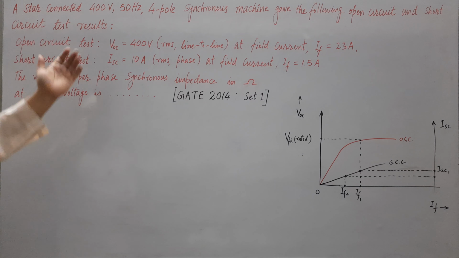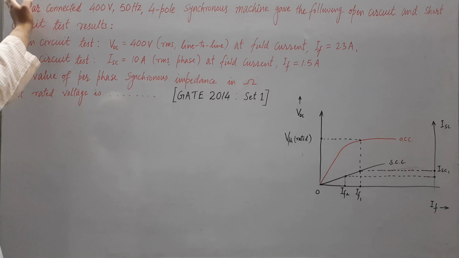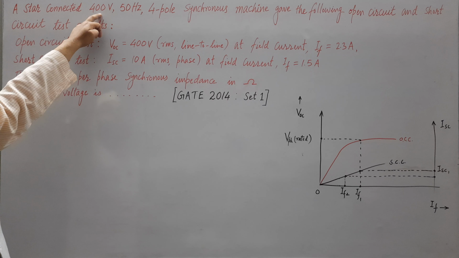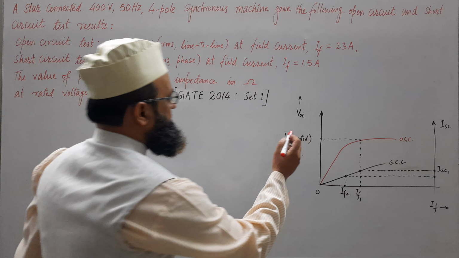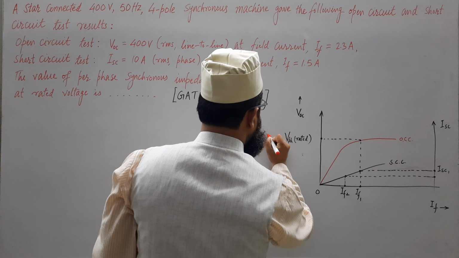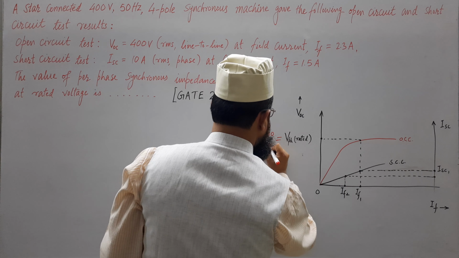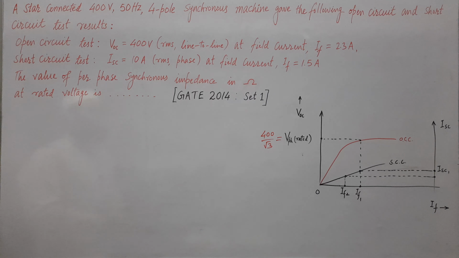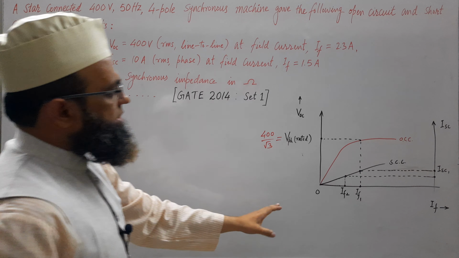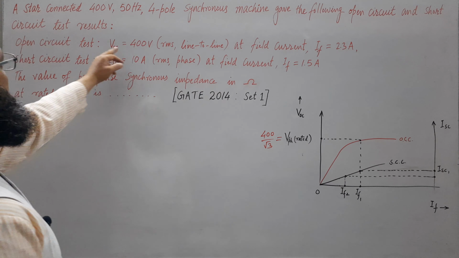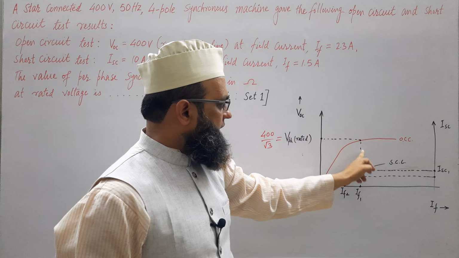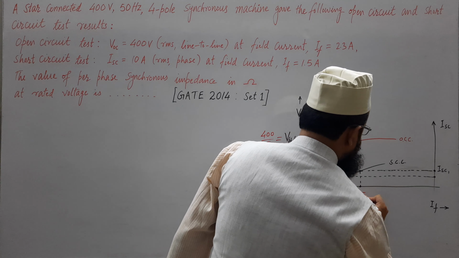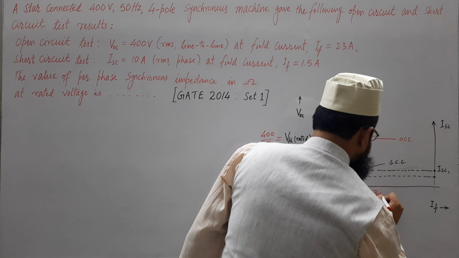From the given data, VOC is 400 volt, which is the rating of this machine. This is star connected, hence rated VPH will be 400 upon root 3 per phase. Under the open circuit test, we consider this VOC and IF, obtained at field current IF1 equal to 2.3 ampere.